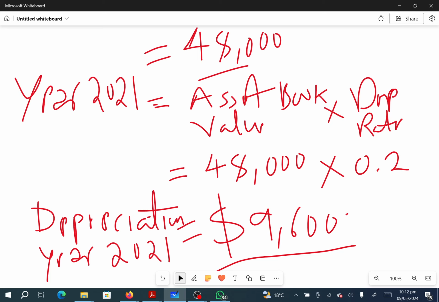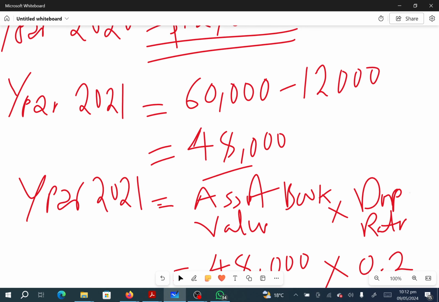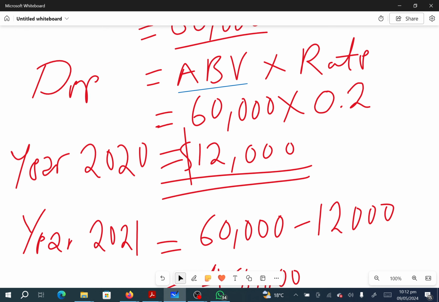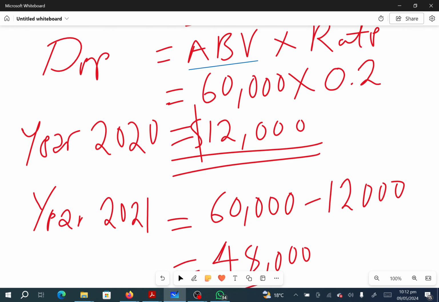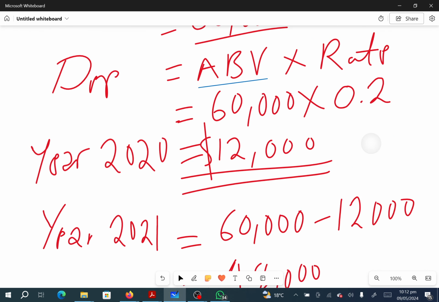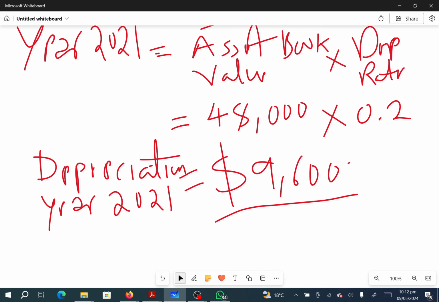That's why we use the reducing balance method. So in year 2019 it was about 15, then in year 2020 it dropped to 12, then in year 2021 it dropped to 9. That's how we look at depreciation under the reducing balance method.